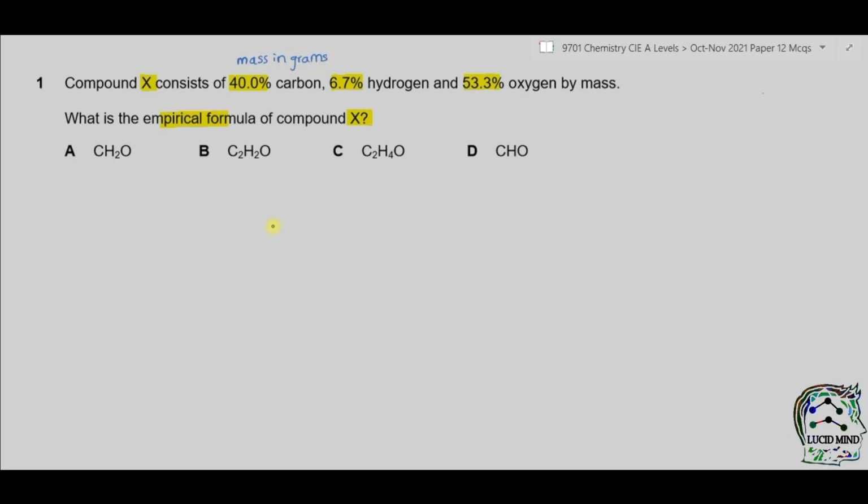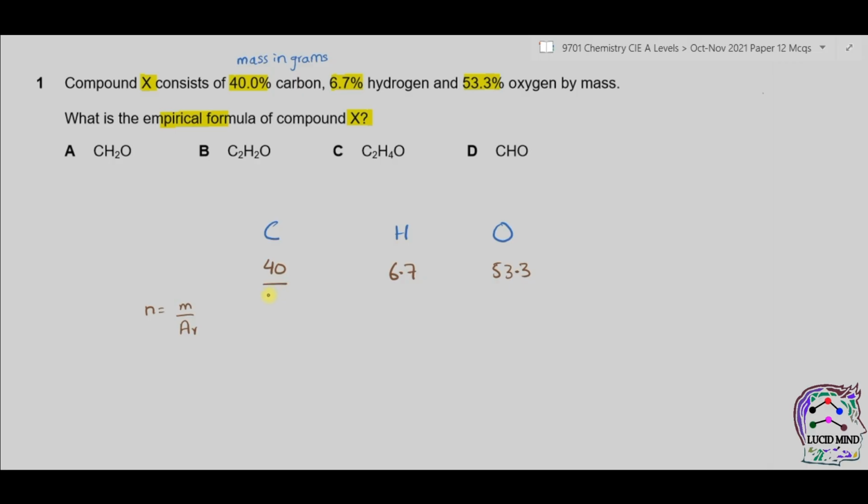Now, in order to find empirical formula, we can take percentage as mass in grams. We have carbon, hydrogen and oxygen. Mass in grams of carbon is 40. For hydrogen it is 6.7 and for oxygen it is 53.3. First, let's convert mass in grams into moles, as we know that moles is equal to mass in grams divided by atomic mass.